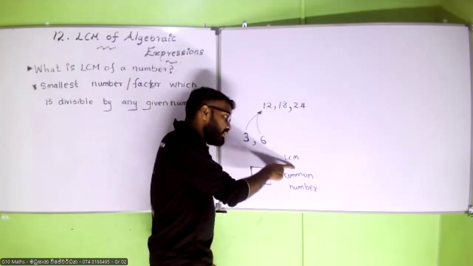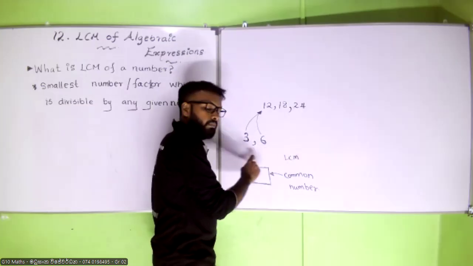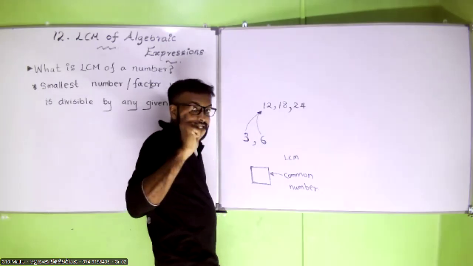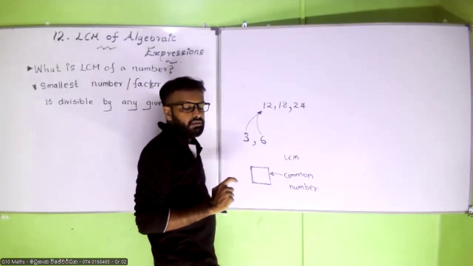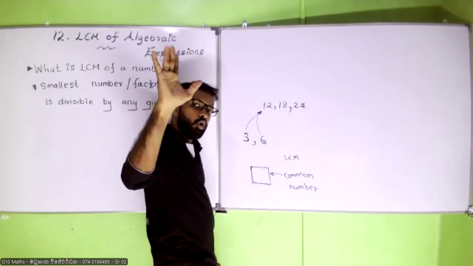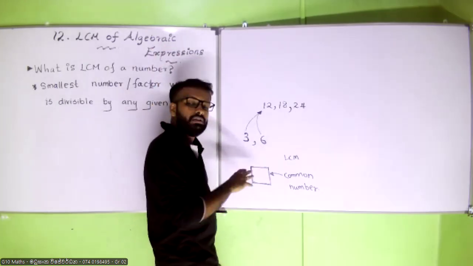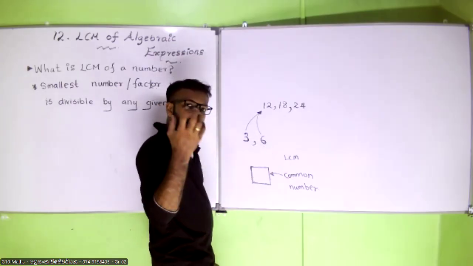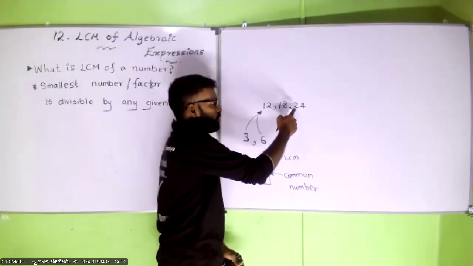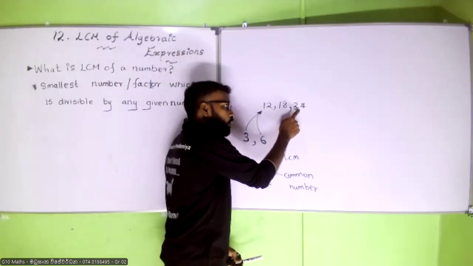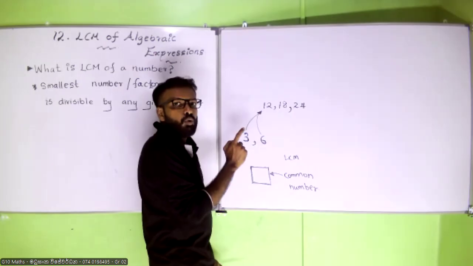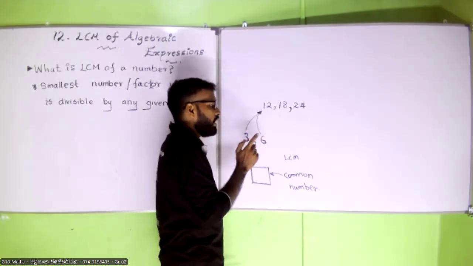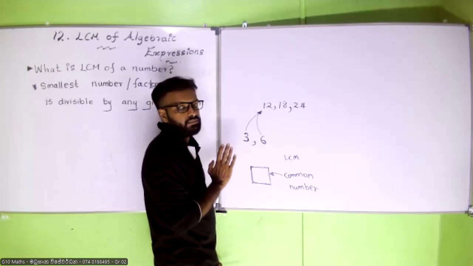But when you are choosing the LCM, it should be the least common multiple. Don't forget. Forget the words common and multiple for a moment. Least means smallest. 24 is not the smallest number you can divide by 3 and 6 at once.